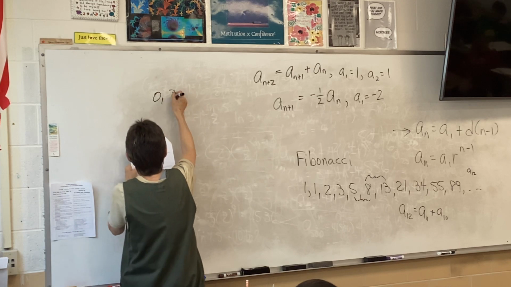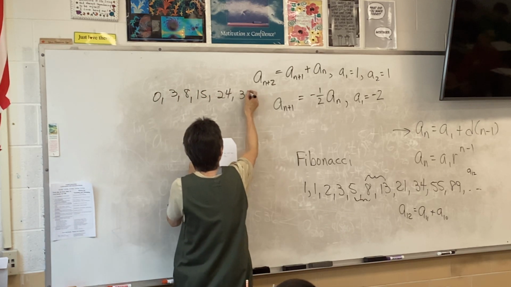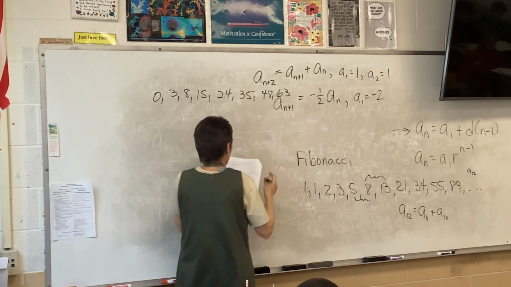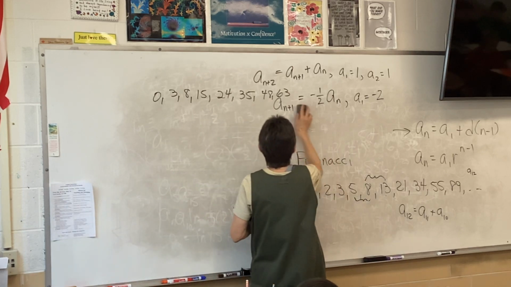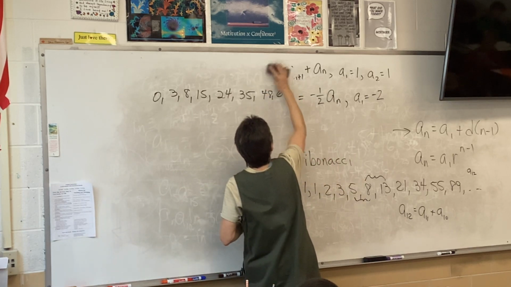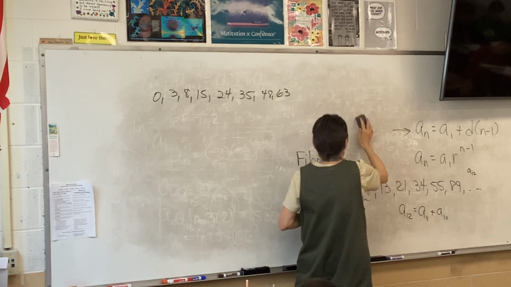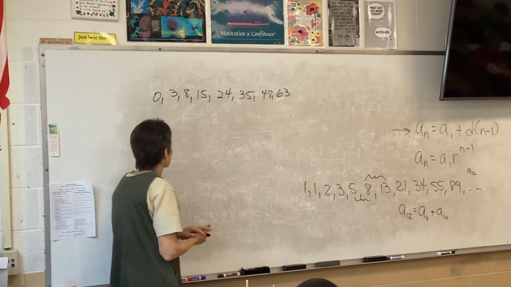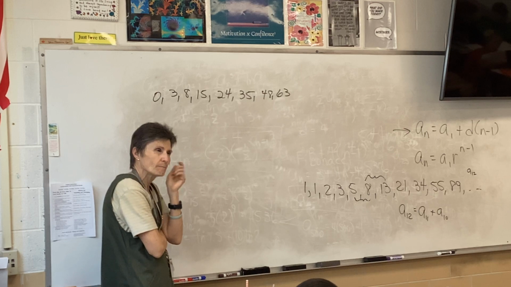Okay, let's look at the next sequence. Alrighty. Now, luckily, we don't need to find a recursive pattern for this. We just need to find some kind of formula for this kind of crazy sequence.